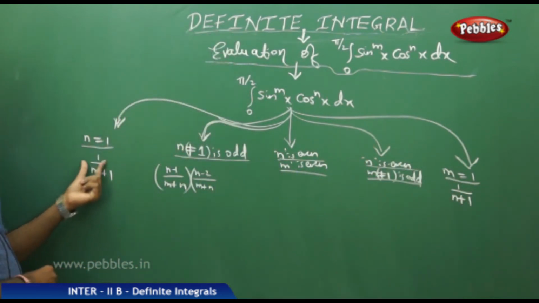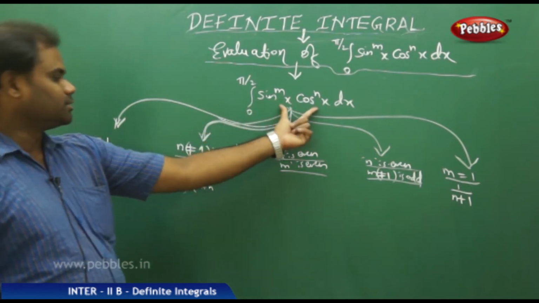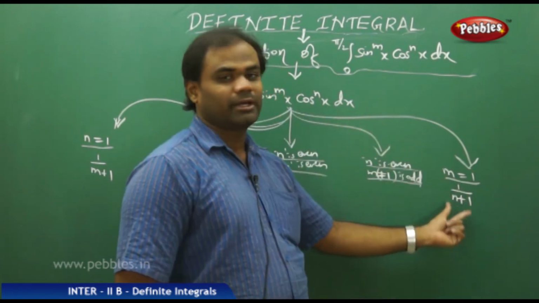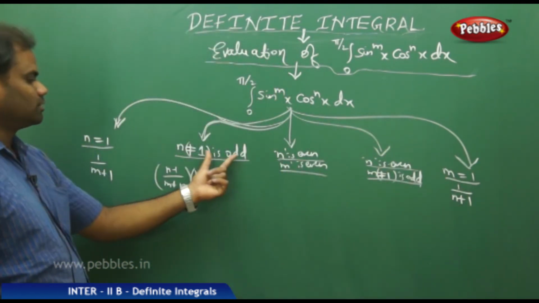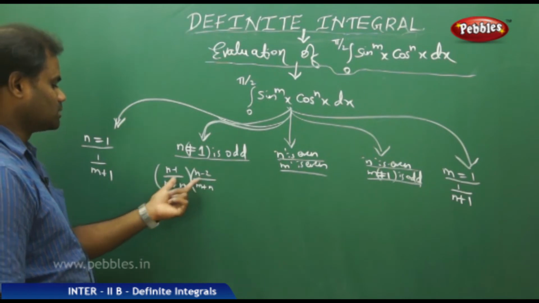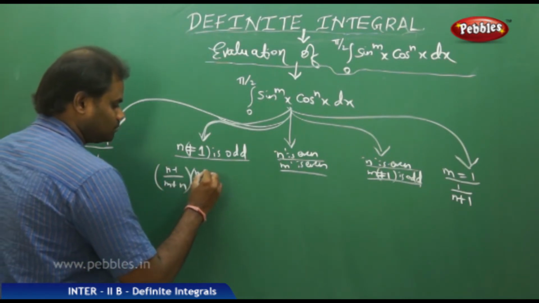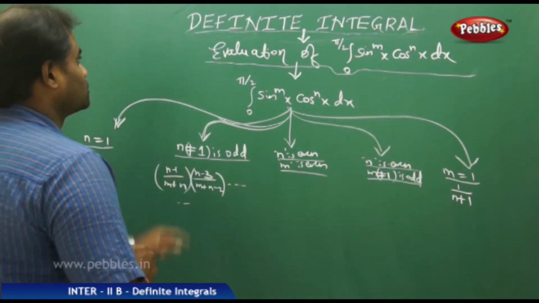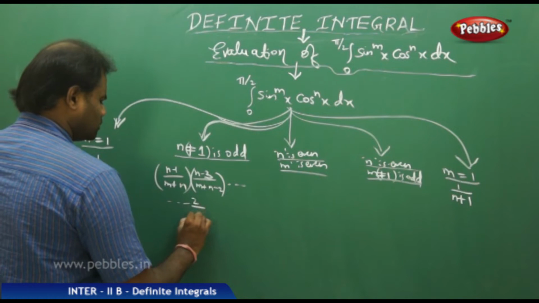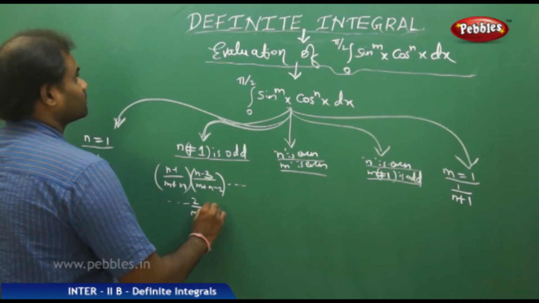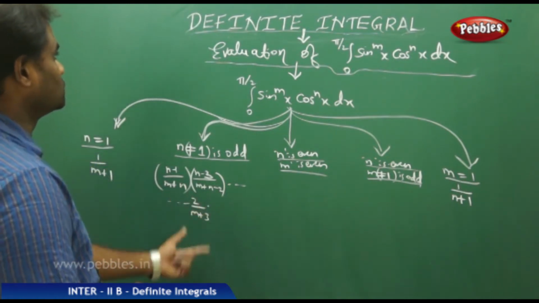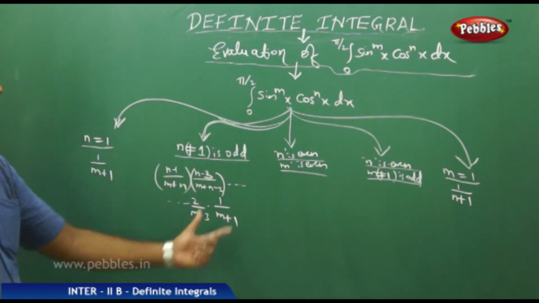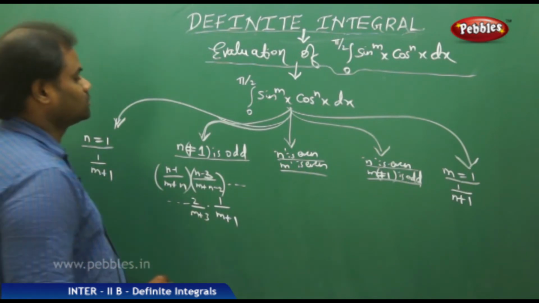For n equal to 1, the answer for this integral is 1 by m plus 1, and for m equal to 1, the answer is 1 by m plus 1, and for n which is odd or not equal to 1 it is this: n minus 2, and so on and so forth by 2 by m plus 3, and then we get this to be 1 by m plus 1 in the final two values.